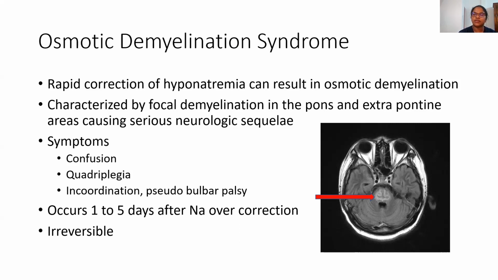This occurs about 1 to 5 days after sodium overcorrection. And the dreaded thing is this is irreversible. Once it is done, you can't reverse it. The patient will be quadriplegic. So you have to be very, very careful when you're treating chronic hyponatremias. This is only in chronic hyponatremias, not in acute.